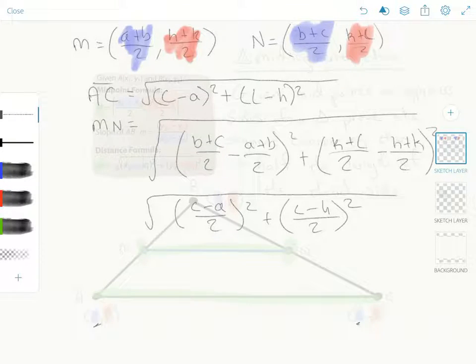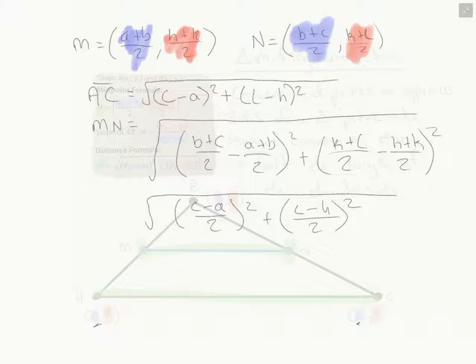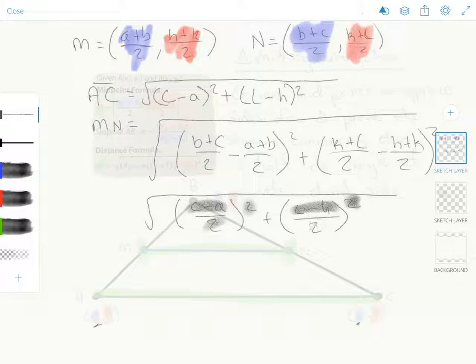So if we can just get it the rest of the way, and here's sort of the sneaky little trick that you probably wouldn't see without somebody showing you. This squared is operating on the C minus A and the 2, and the L minus H and the 2 independently.